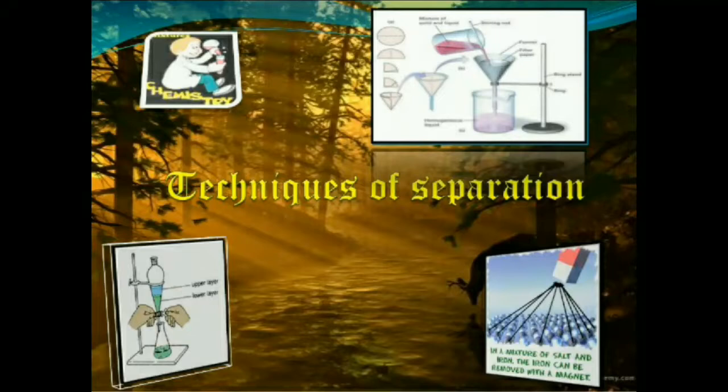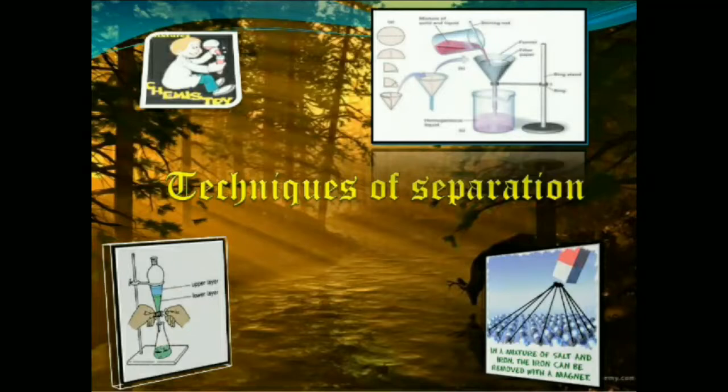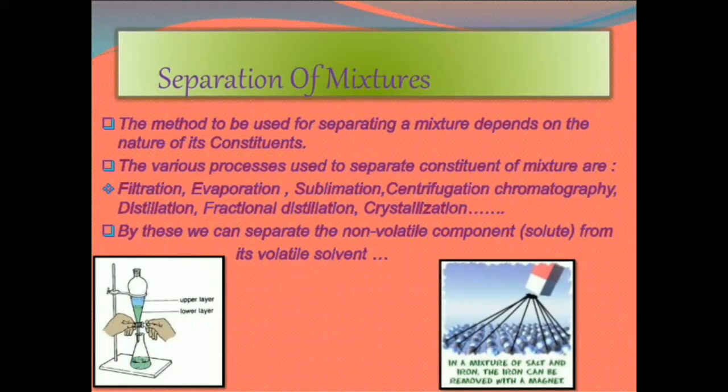Heterogeneous mixtures can be separated into their respective constituents by simple physical methods like hand picking, sieving, filtration that we use in our day-to-day life. Sometimes special techniques have to be used for the separation of components of a mixture. So we will try to know techniques of separation. This separation of mixtures totally depends upon the nature of the constituents.